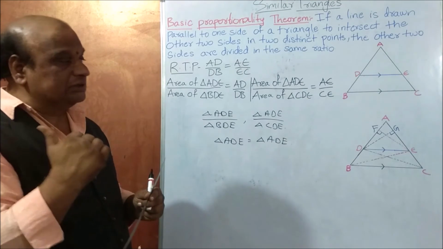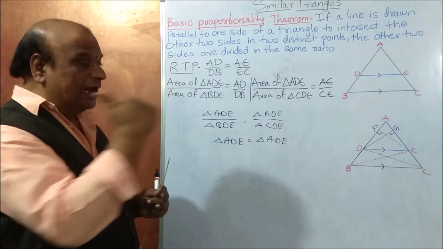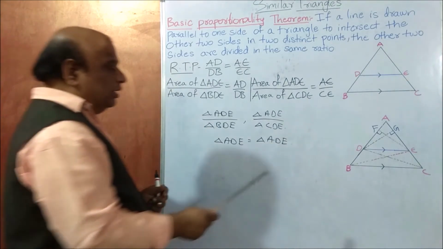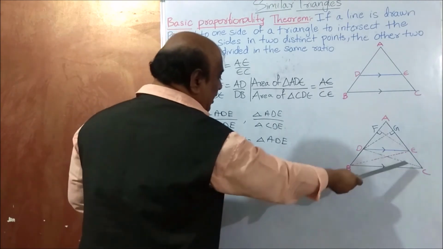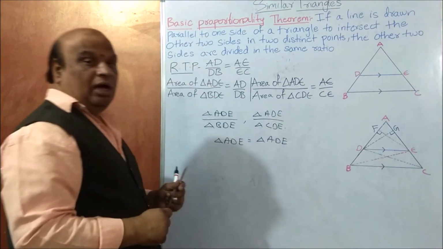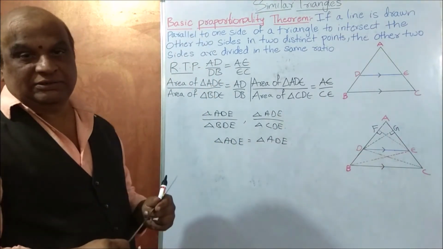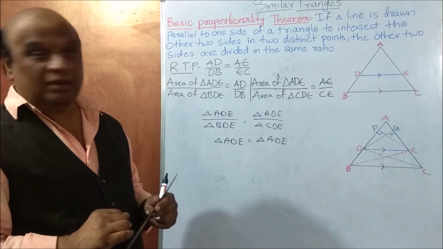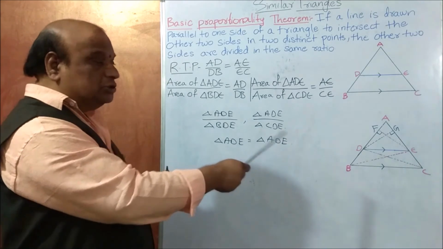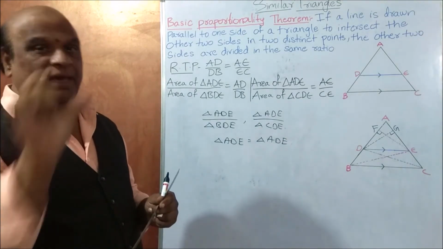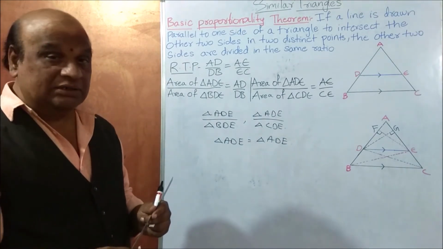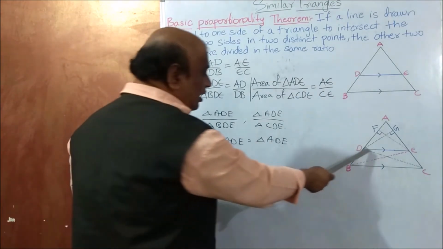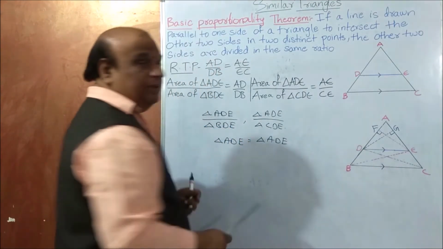What are those same parallels? DE and BC. So, triangle BDE and triangle CDE are between the same parallels. And one more thing, these two triangles have the same base. What is that same base? That is DE.